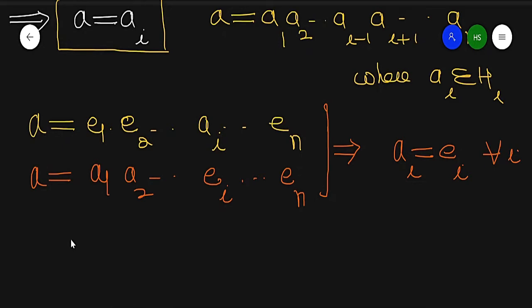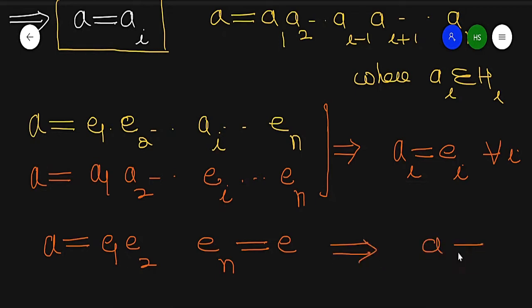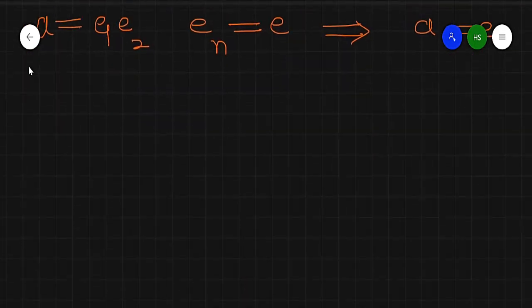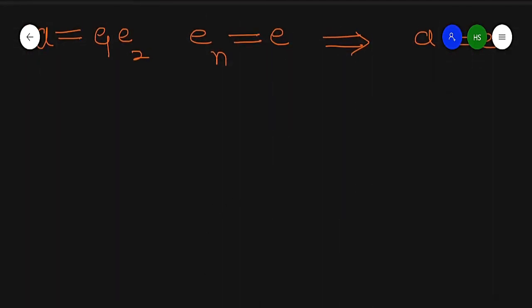So what does it mean? It means this A value, what is this? It is e1 into e2 up to en. So what is this? It is a product of identities. So what we get? We get A is identity. If A is identity, then the element we chose from this becomes the identity.